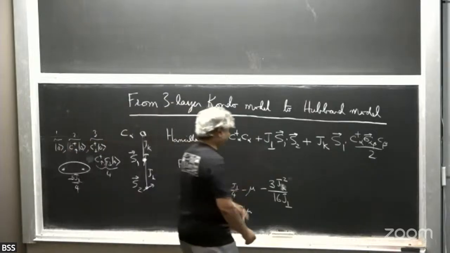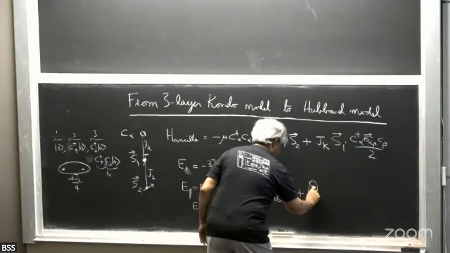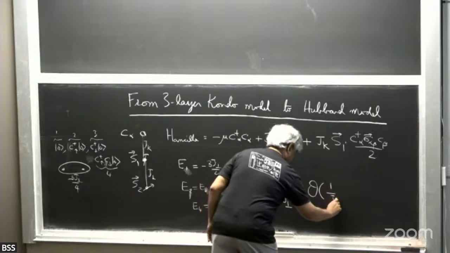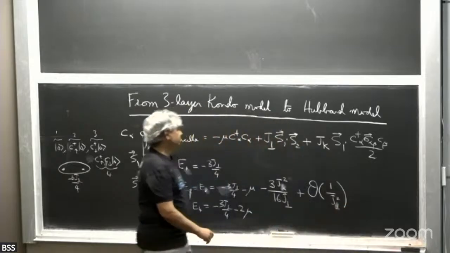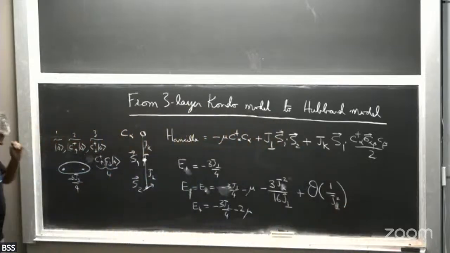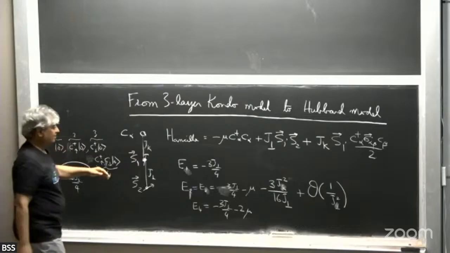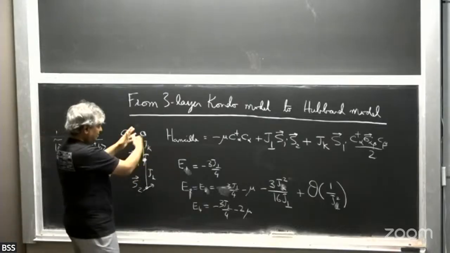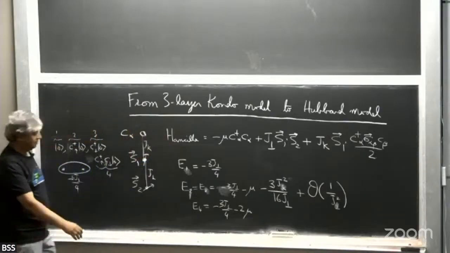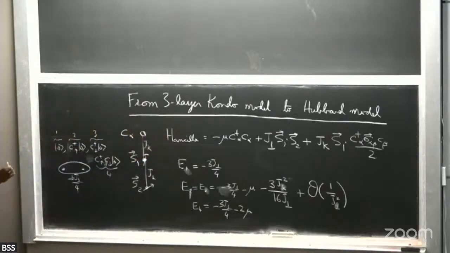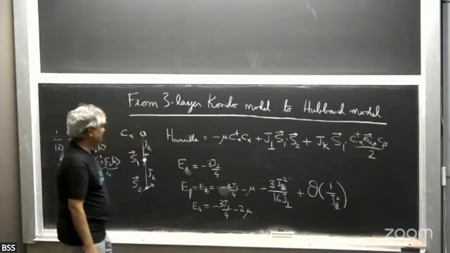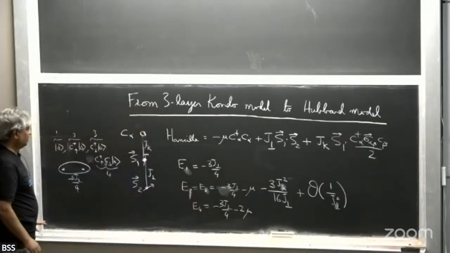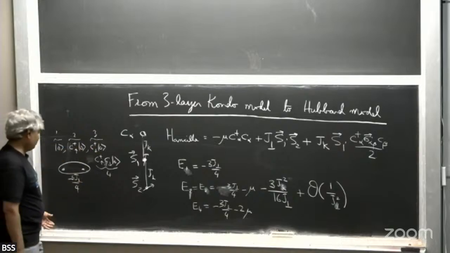In fact, you know the exact answer, but it's only consistent to work to this order if you had a multi-site problem. Because at higher order, you'll start getting couplings between the sites too. But to this order, you don't have to worry about it. And so these are the energy levels of this three-site problem.